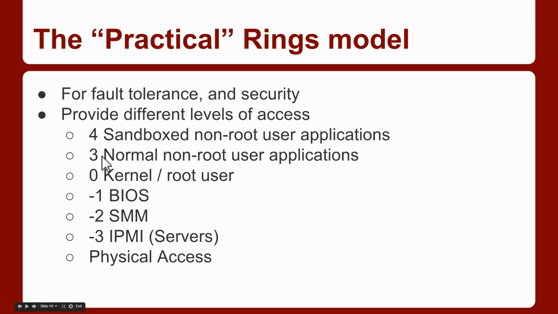The useful ones to cover are ring 0, 3, and then the things below it, and then eventually nothing is better than physical access. So that's the extreme end of this spectrum. However, I have something here listed for sandbox non-root user applications, because in order to go from 4 to 3, you'd have to do a sandbox escape, which is not a trivial attack in many cases.